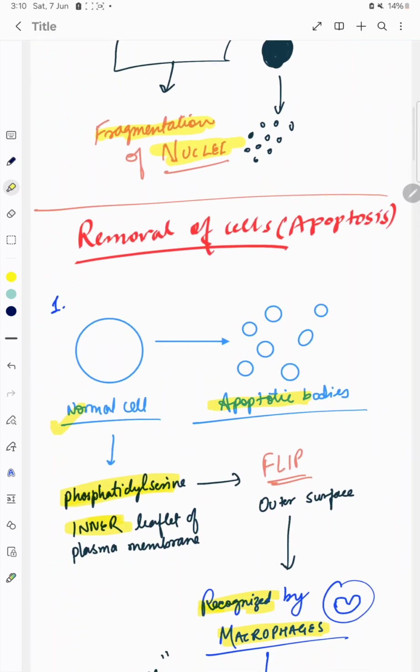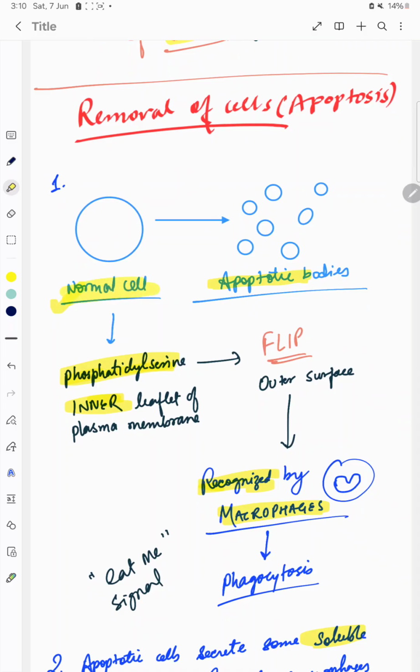Now after apoptosis, we will see how the cell is removed from the body or from that local area, the removal of apoptotic cells.